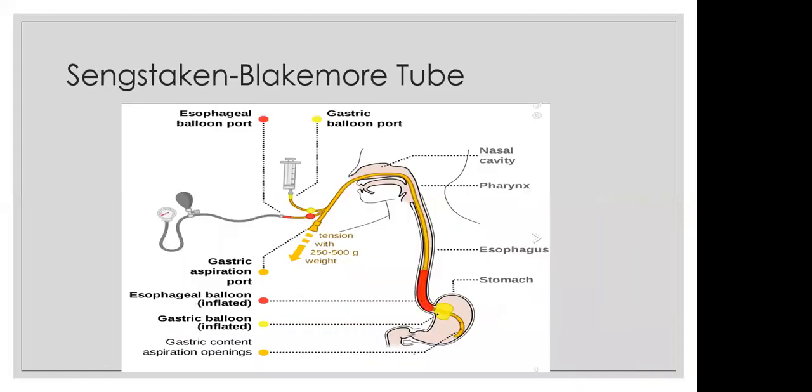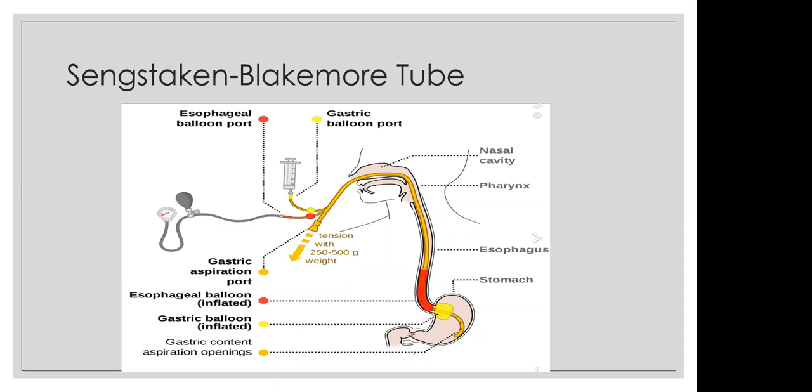And this is the Sengstaken-Blakemore Tube. It has 3 ports, the gastric balloon port, esophageal balloon port, and the gastric aspiration port. So it needs to be put in orally, and you need to be careful to avoid esophageal perforation or rupture with this.